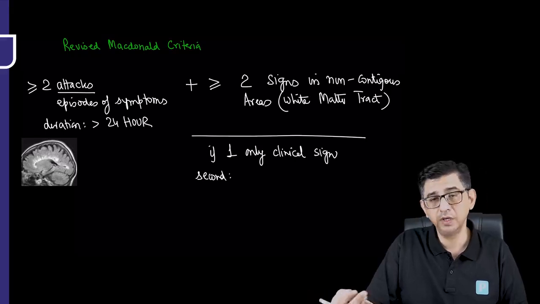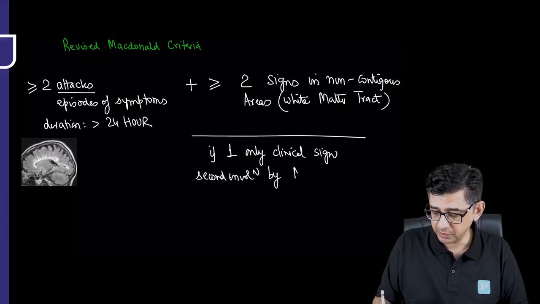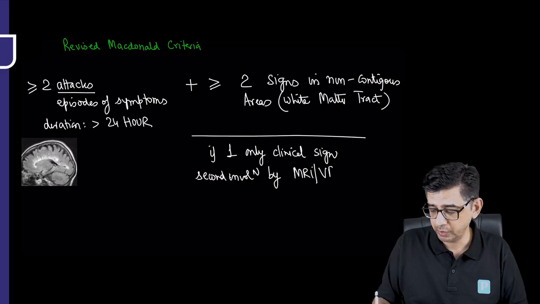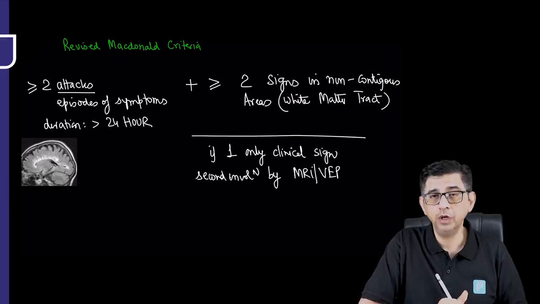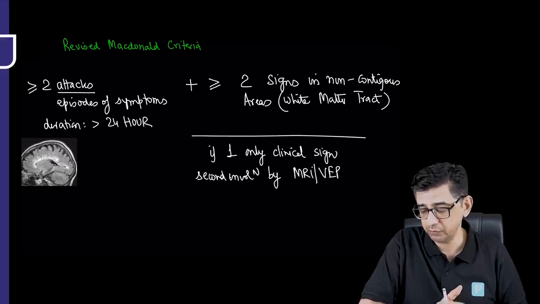But if it is only 1 clinical sign, for the second one, we need to document the second involvement in the brain of this patient by special studies. And that special study can be a contrast-based MRI or a gadolinium-based MRI, which will show damage to the blood-brain barrier. Or sometimes the plaques can be so small that they may not be visible on a contrast-based or even a plain MRI. And then I will be using visual evoked potential for these patients.